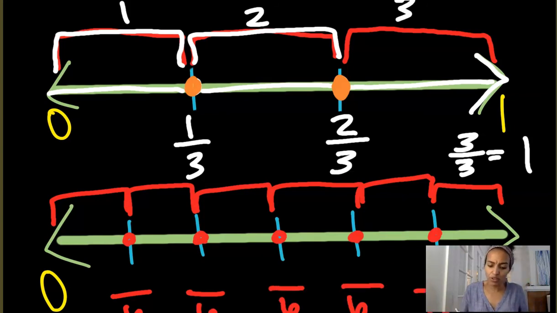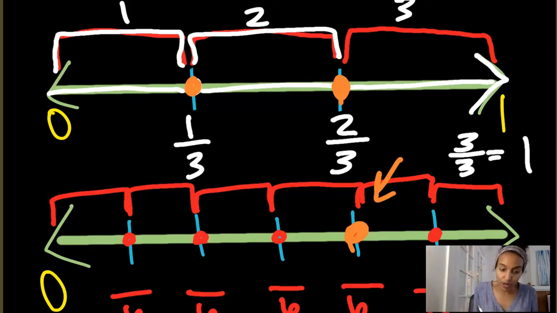But really, I'm only interested in this point right here, because since these line up with the first number line, I know it's equivalent to 2/3. Because again, it's on the same part of the number line, even if they're divided differently.